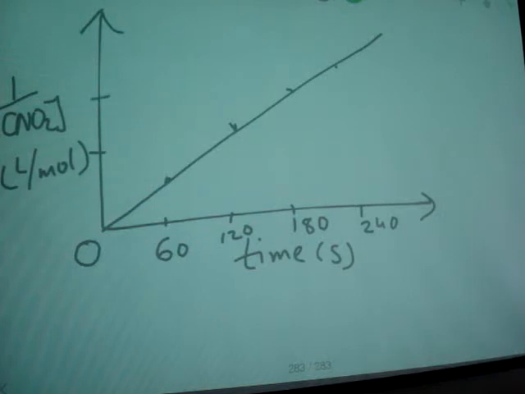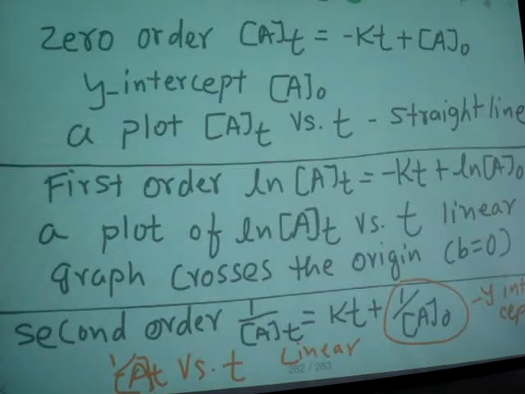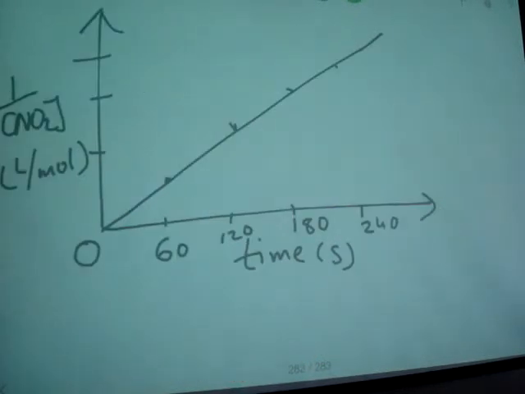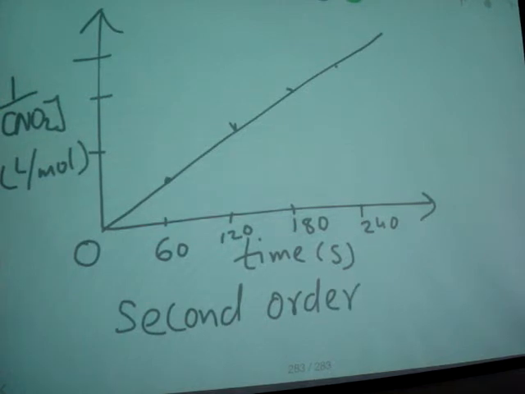Okay? Now, looking at the graph, what do you think? What is the order of this reaction? This is a second order reaction, right? So by looking at that graph, and when you go back here, you can see for the second order reaction, 1 over At versus t gives a straight line. 1 over NO2 concentration versus time, so you can predict this is second order in NO2.